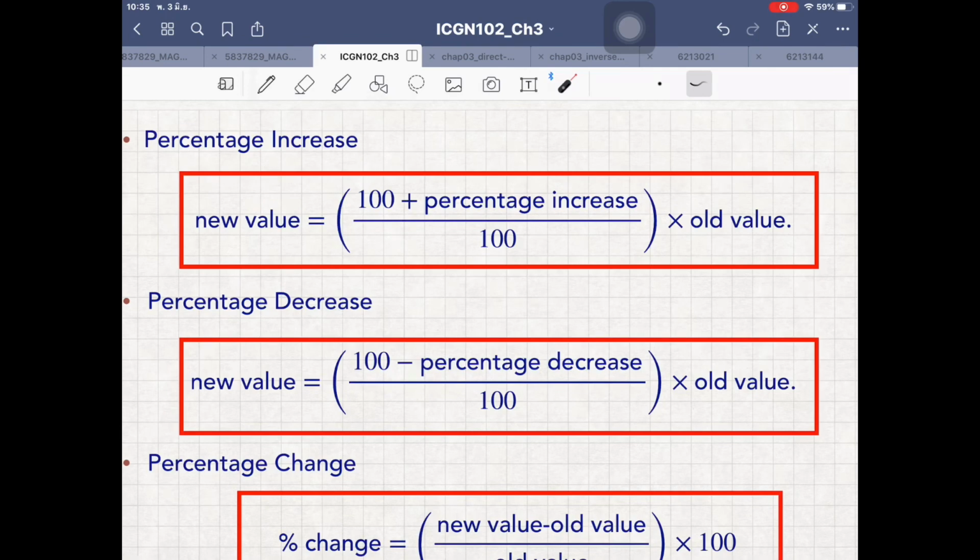And then how about if we find that product A is on sale, or at a discount price? Here, instead of the plus sign, it's going to be the minus sign, and now it's about the percentage decrease.